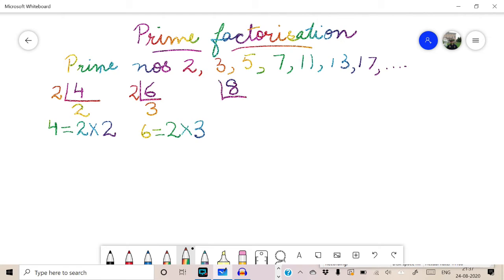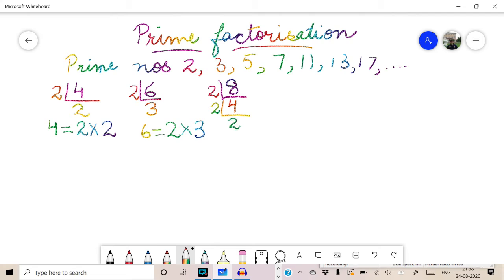We will pick up a prime number with which 8 is divisible. So the prime number is 2. 2 4s are 8. Now children, 4 is a composite number. So we will divide 4 once again. 4 is divisible by a prime number 2. 2 2s are 4.